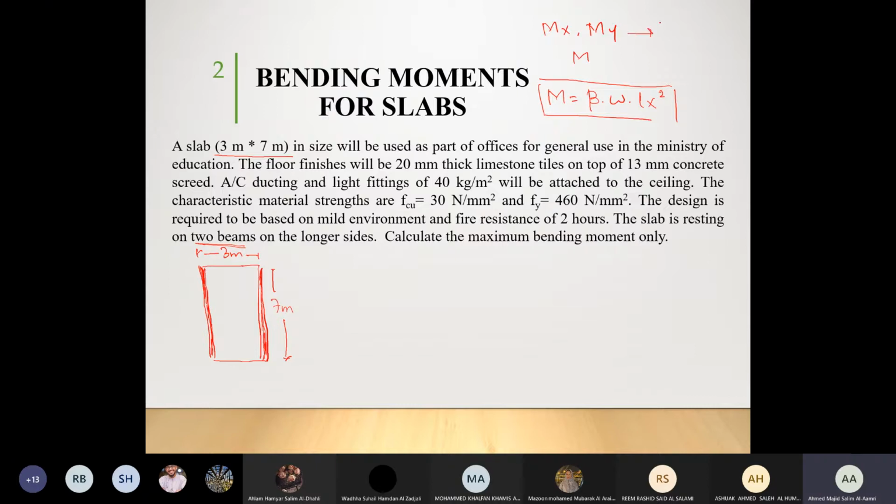In case of a two-way slab, we have Mx and My. In case of a one-way slab, we have only one moment. So the first thing that we need to do in order to solve this type of question is to check whether it's a one-way or two-way slab.